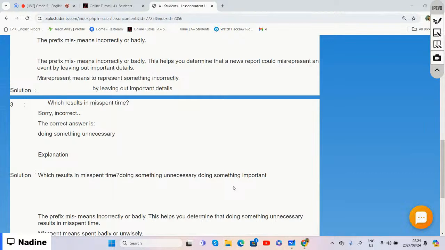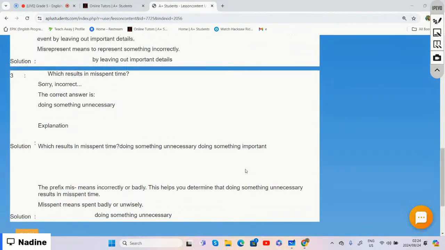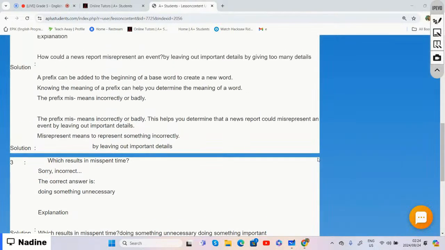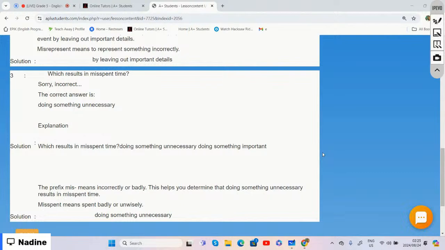What results in misspent time? You not being able to properly spend time with your family or your friends. Misspent means spending badly or spending unwisely.